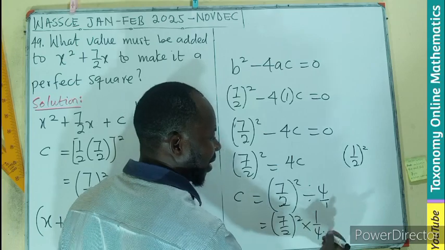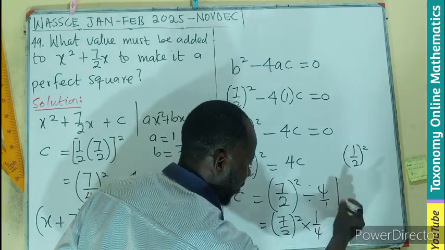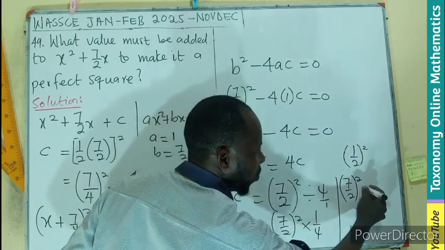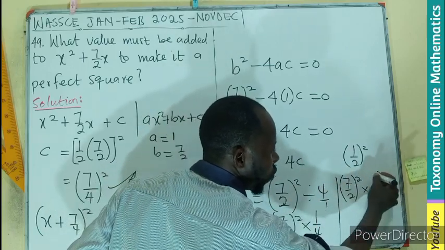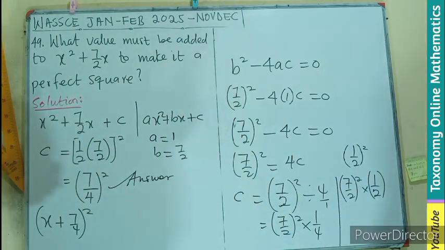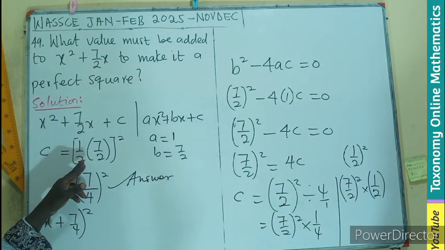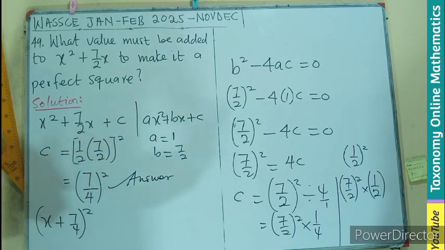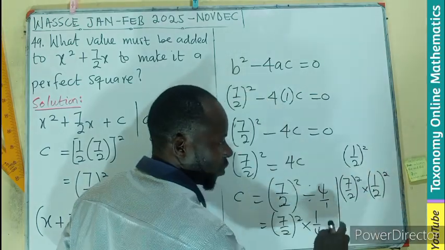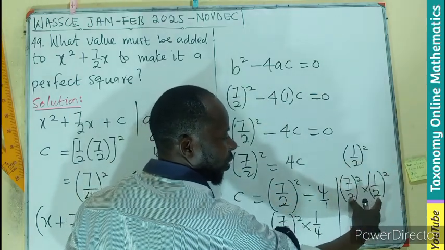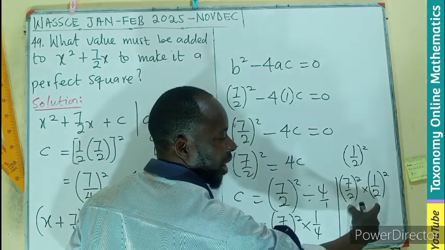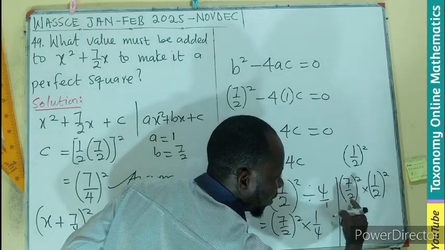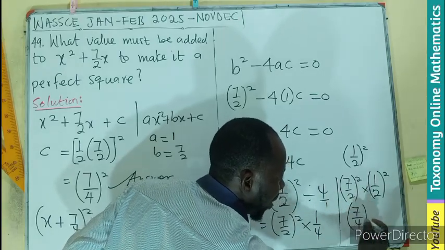So if I rewrite this, we have (7/2) squared multiplying (1/2) squared. Remember the property: when these have the same power, we can multiply the bases. That means 7 times 1 is 7, and 2 times 2 is 4, then the power goes on it.